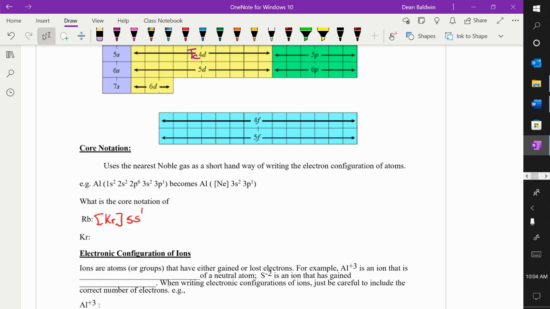What would you write for krypton? We'd write the one before that. The one before krypton is argon. And then you'd write 4s2, 3d10, 4p6.